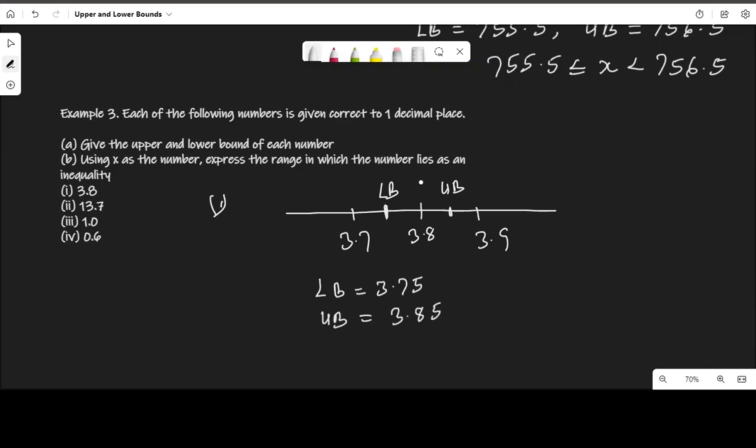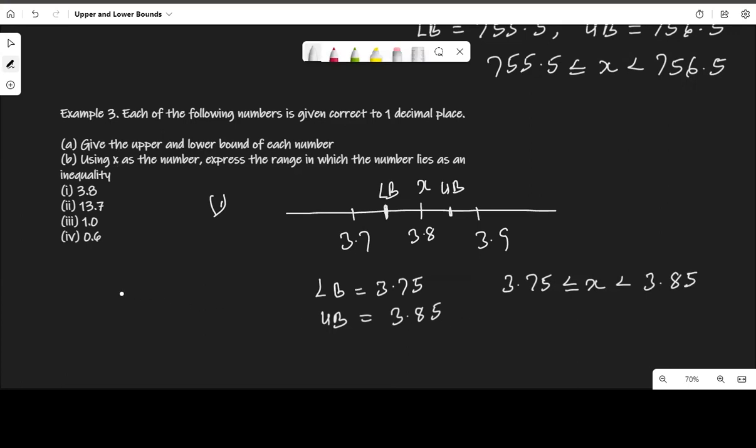Now if I use S again to represent the number, we represent that in inequality as 3.75 is less than or equal to S, and S is less than 3.85. That is it for question I.